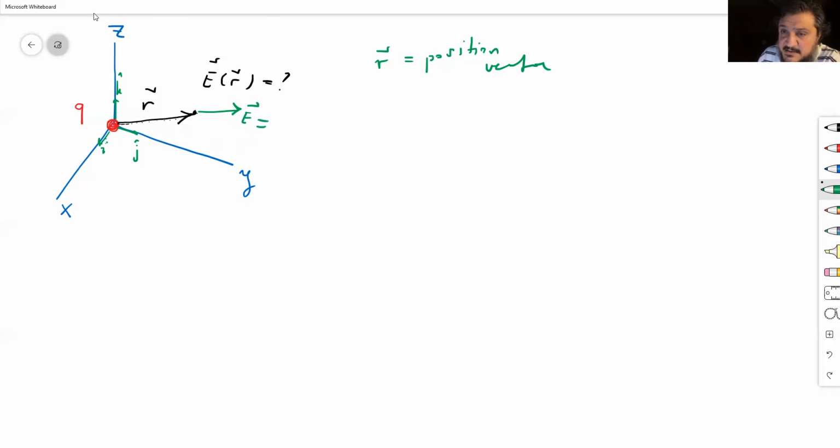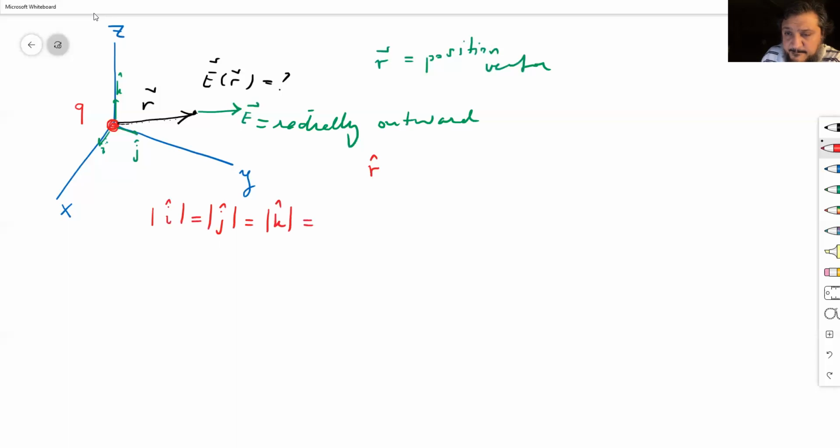So we'll need the unit vector, R hat, just like i hat, j hat, and k hat, with unit length. And you define it as the position vector divided by its magnitude.